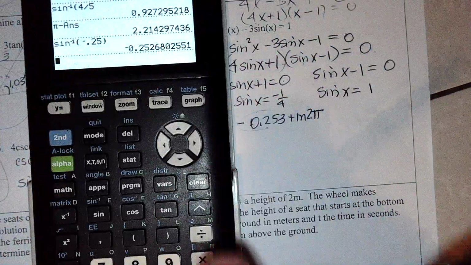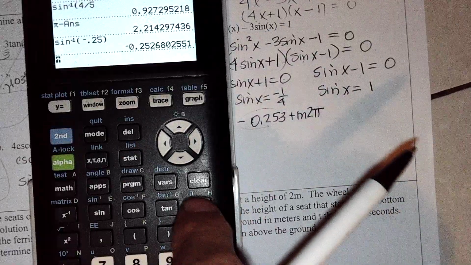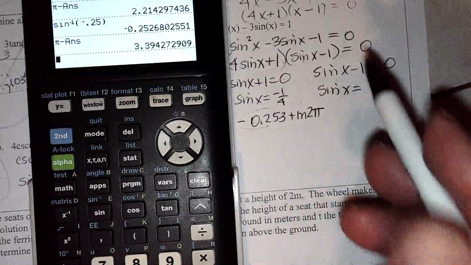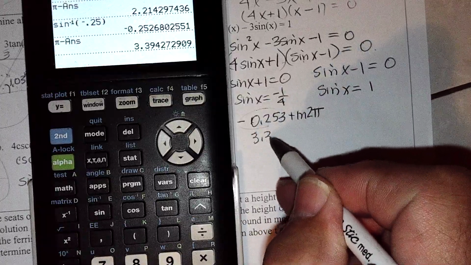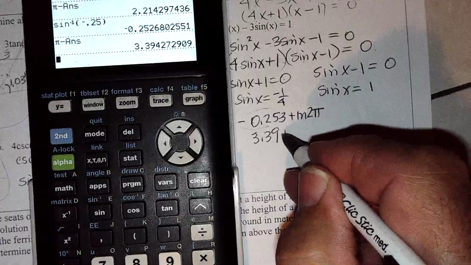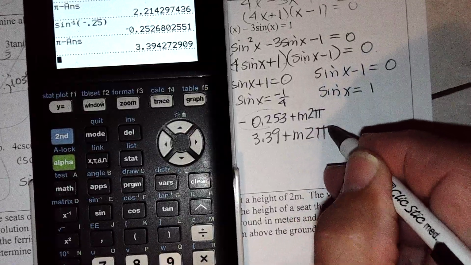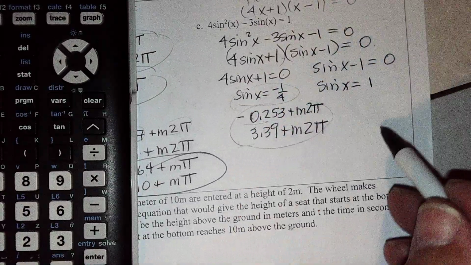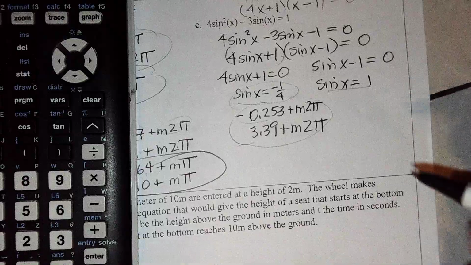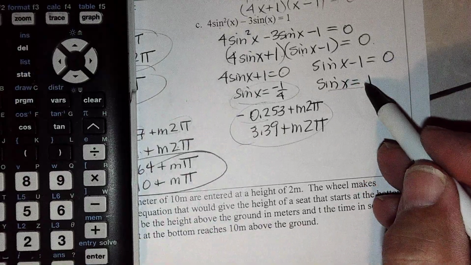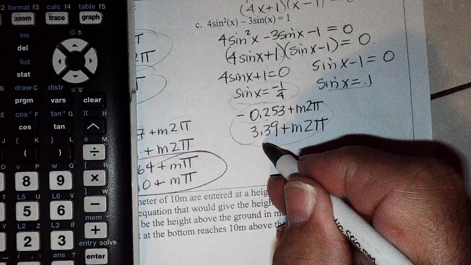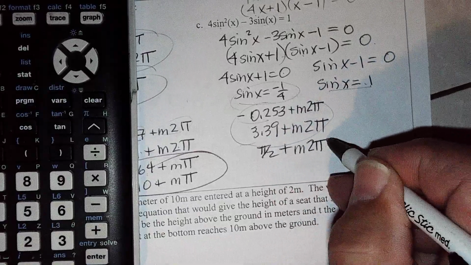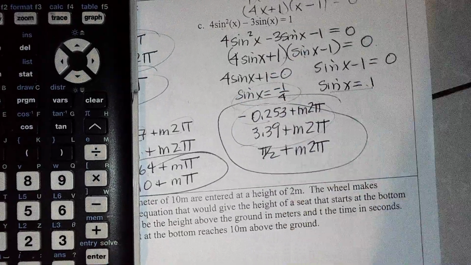So I got to go pi minus my last answer, and I get 3.39 plus multiples of 2 pi. Those are values that work for this part. Then I got to get this one, and there's one place where the sine is 1, and that's at the very top at pi over 2 plus multiples of 2 pi. So there's the answers to that one.